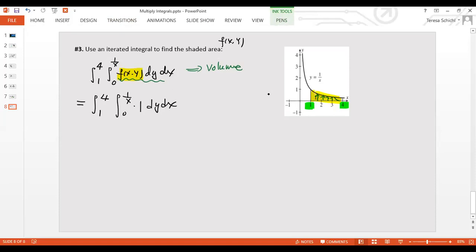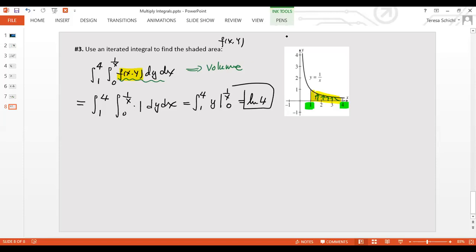That's how you integrate your function to get the area. Now you can do the calculations: this is from 1 to 4, then integrating, y is 1 over x from 0, and you get the natural log of 4.